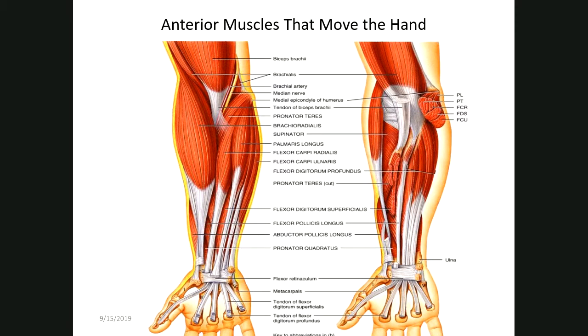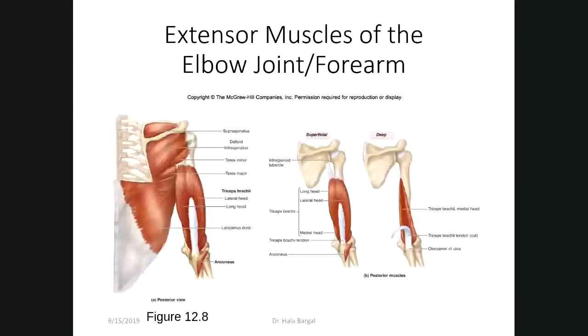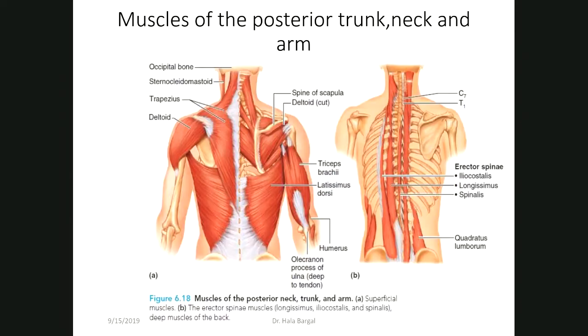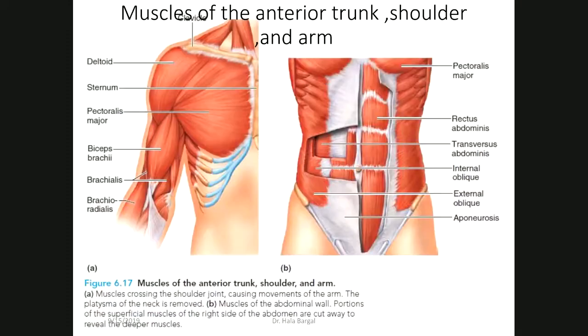We have three muscles of the anterior compartment of the upper limb. The first one is the biceps brachii, the second one is the brachialis, and the third one is the brachioradialis.